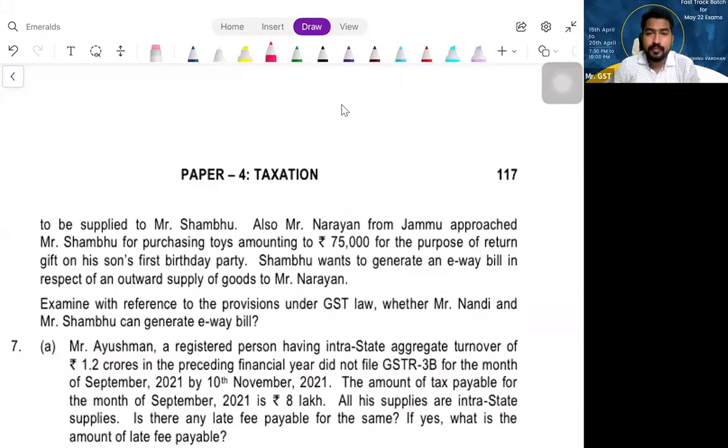The person who has not filed the returns for 2 months cannot generate an e-way bill for his outward supply, but can take one for purchases. Everybody agrees with that? The recipient can generate an e-way bill.